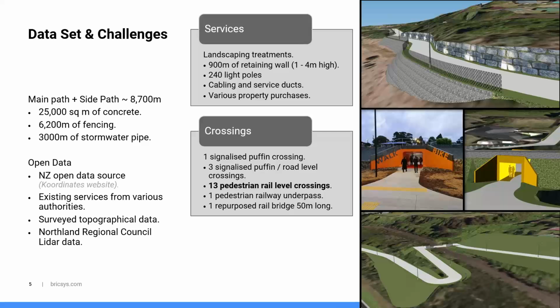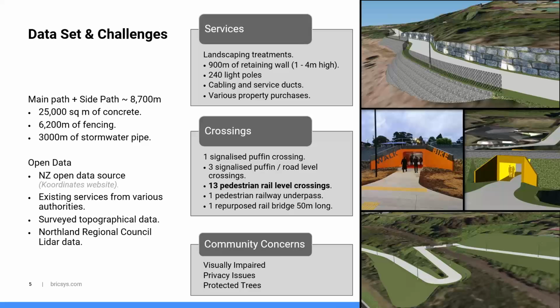As we cross these roads, we're also in the vicinity of the railway line, so that makes for quite a complex site with quite a bit going on. In addition to these, there's just 13 pedestrian rail level crossings, one pedestrian railway underpass, and a repurposed rail bridge about 50 meters long.